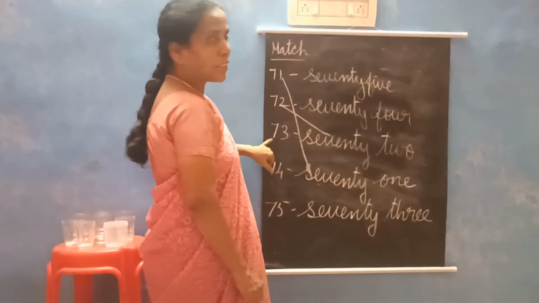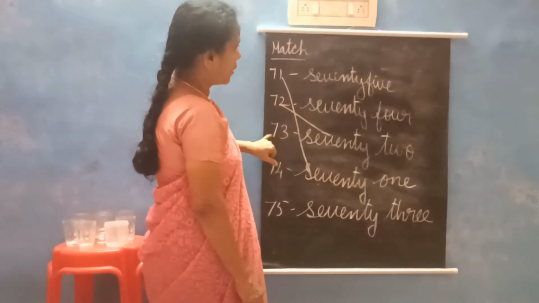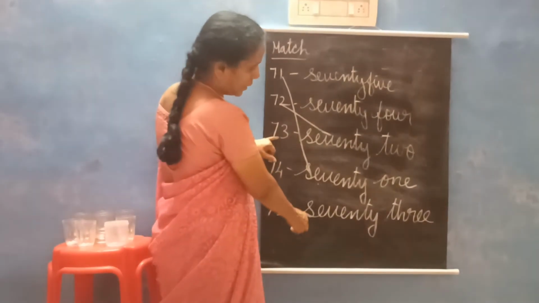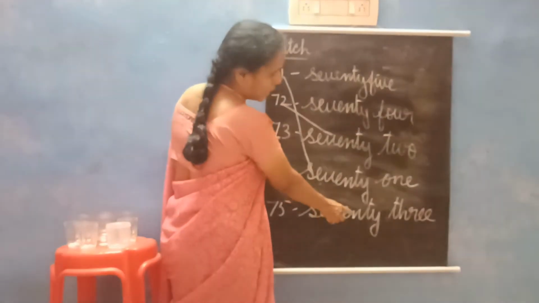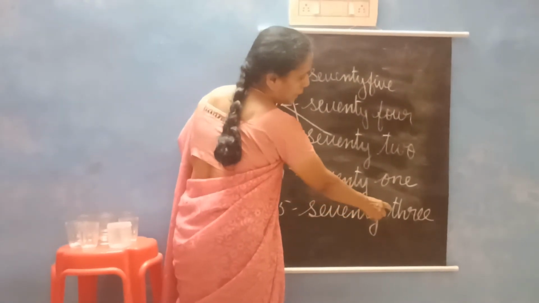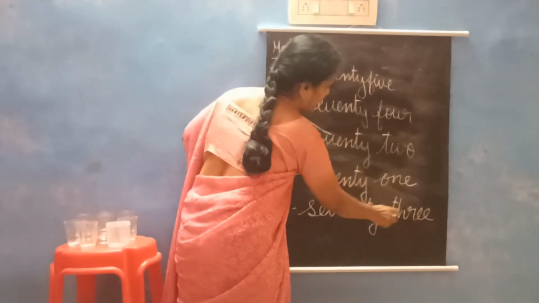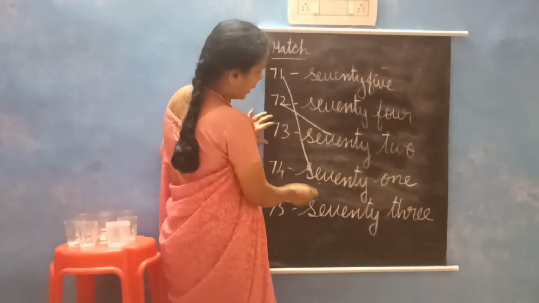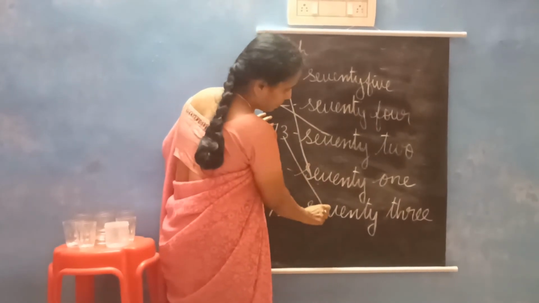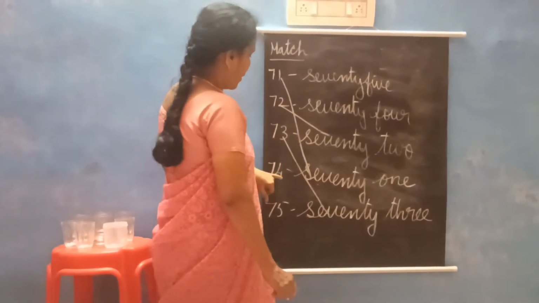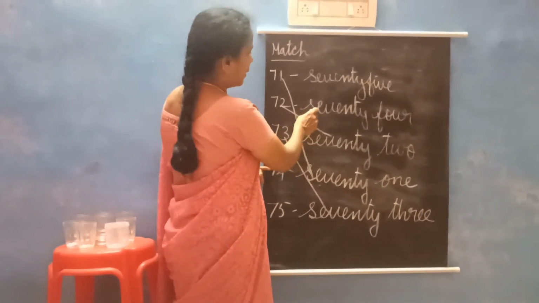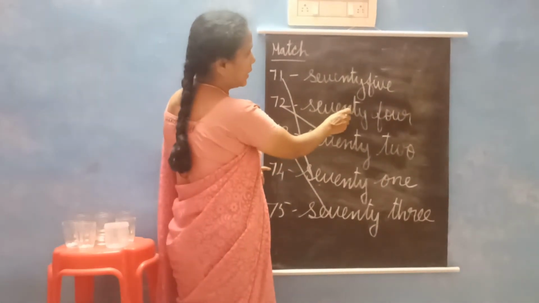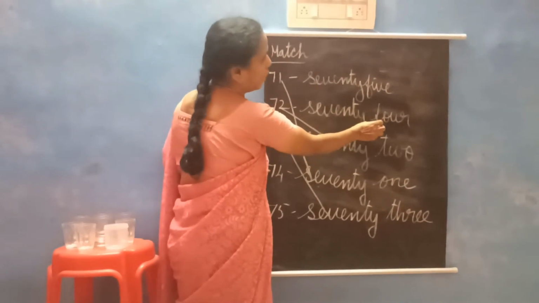Then next, 73. Where is the number 73? SEVENTY 73. THREE, 3. 73. From here to there we have to draw one line. 74. SEVENTY 74.